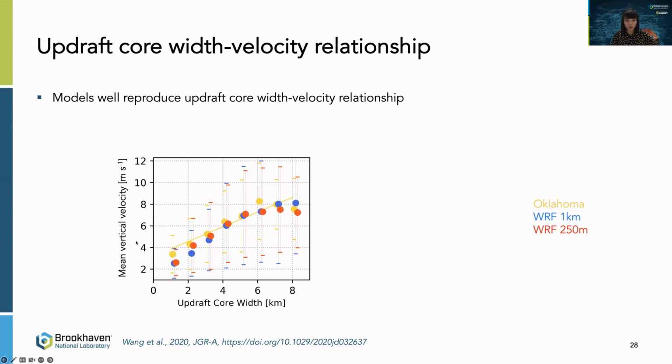Here, what I'm showing is the mean vertical velocity for those cores as a function of their size. This is for updrafts, and again, Oklahoma in yellow and model simulations in blue and red. You can see that for cores that have the same size, we did a pretty good job of simulating their vertical velocity.